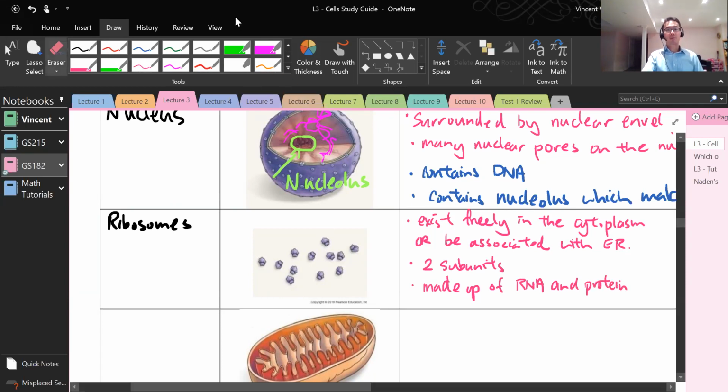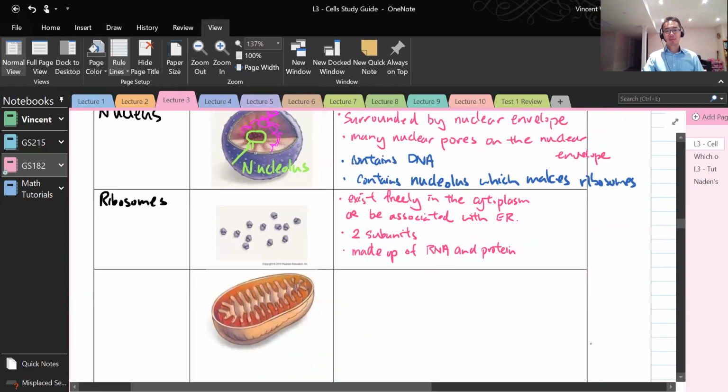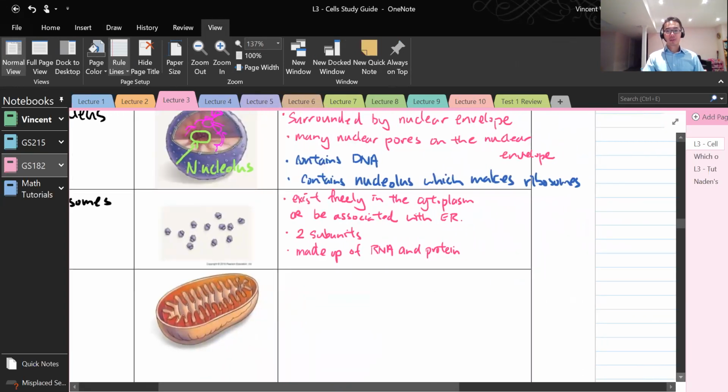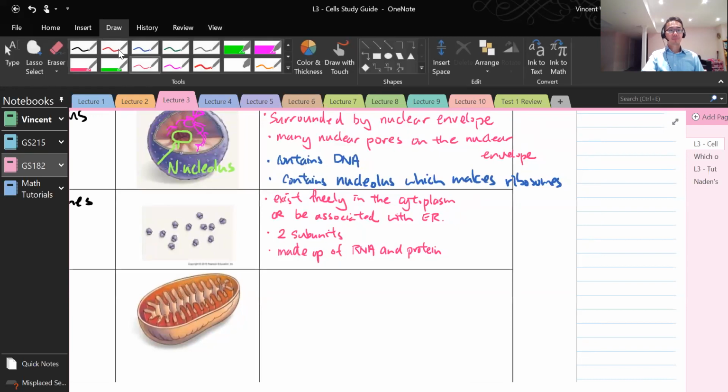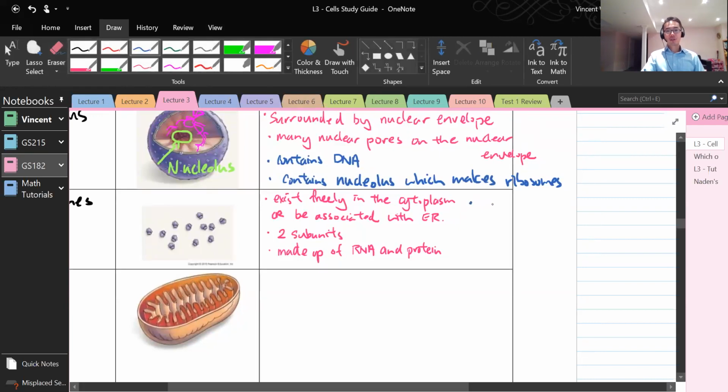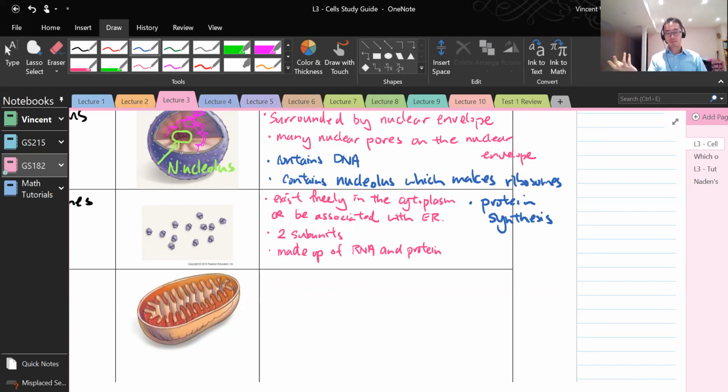So there's a little bit of RNA in it, and a little bit of protein in it. The function is protein synthesis, right? It makes proteins. If it's freely floating in the cytoplasm, it would just make the protein, and the protein would not be packaged in a vesicle. If you need it to be packaged in a vesicle, you would have to make it in the rough ER.